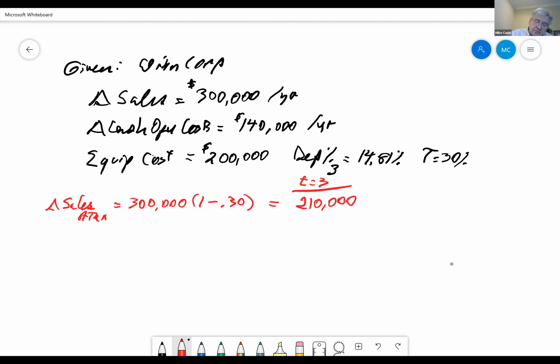Our cash operating costs after tax would be our cash operating costs of 140. I make it negative because it's cost, an outflow. But because we can deduct that, we'll have tax savings, which will knock those cash operating costs down to 98,000.